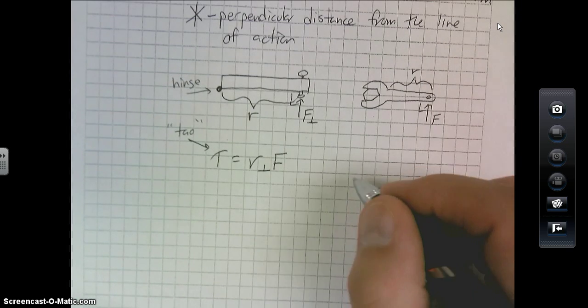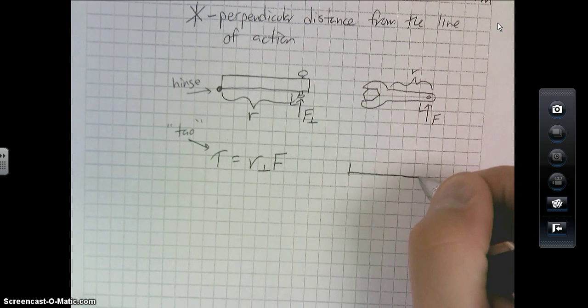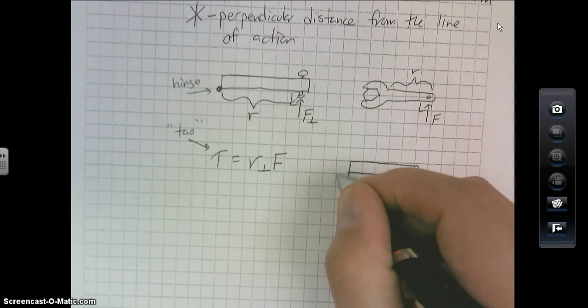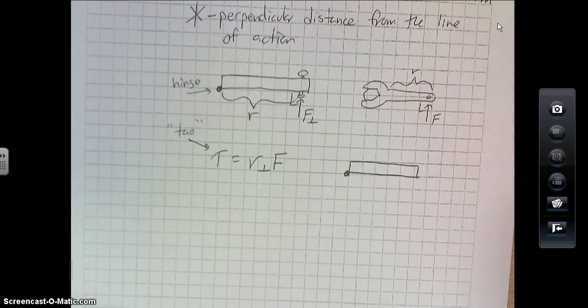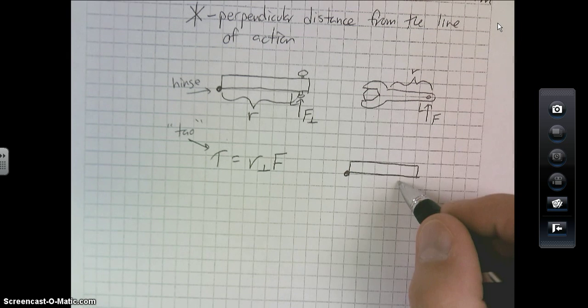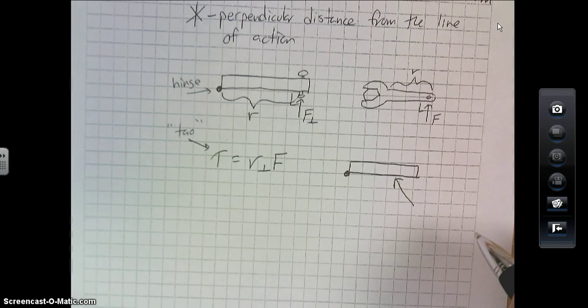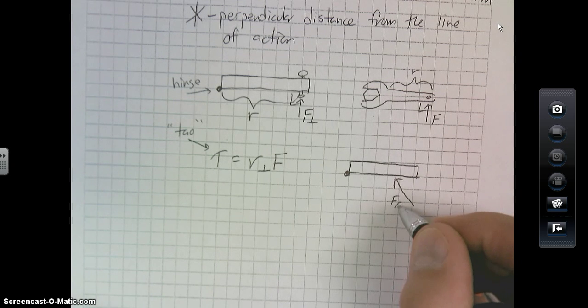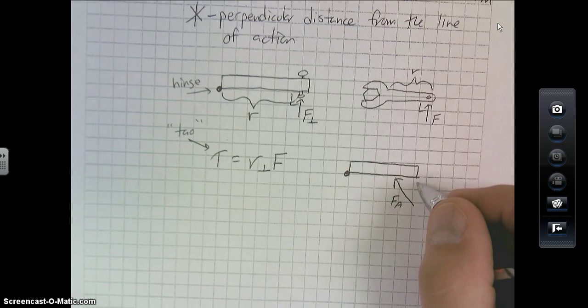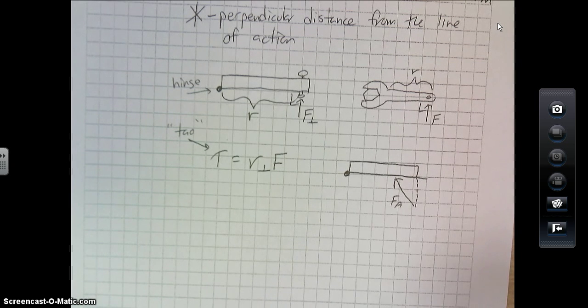So if I took the same door, and let's say it didn't have a doorknob, but maybe you pushed at this particular angle. This is where your applied force is. It's only the perpendicular component, this component here, that really matters.